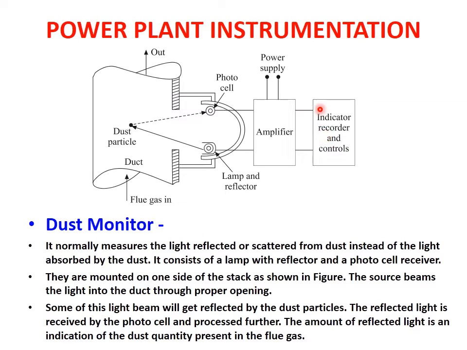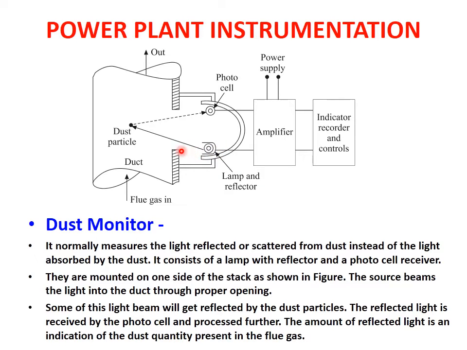This magnified image will also give the signal to the indicator, recorder and control, in order to find how much particles there are, what the various dimensions of the dust particles are, etc.